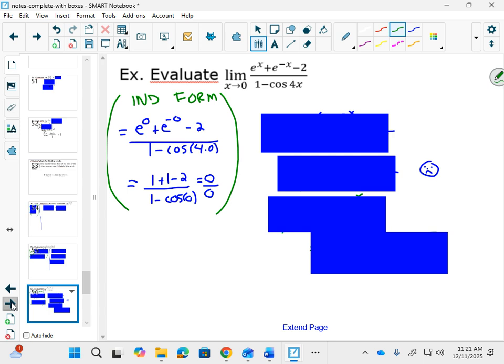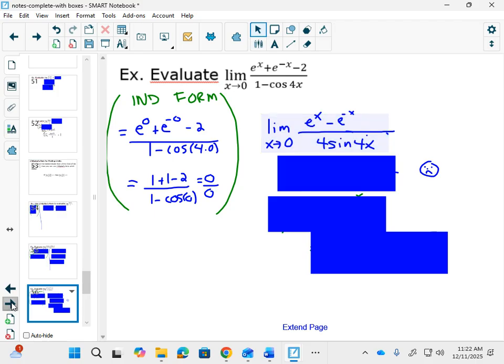We plug in 0, we end up getting 0 over 0. Indeterminate form. So that means we can use L'Hopital's rule. Do the derivative of the top, the derivative of the bottom.